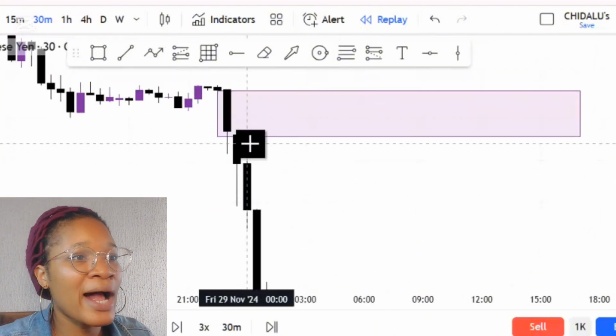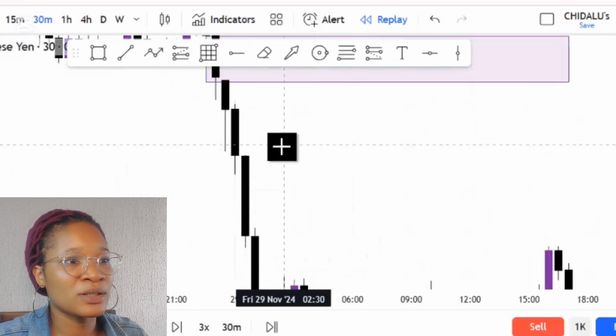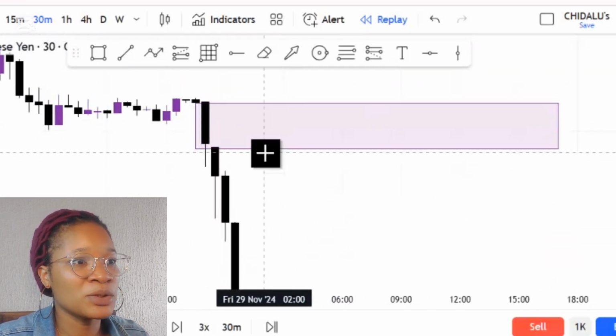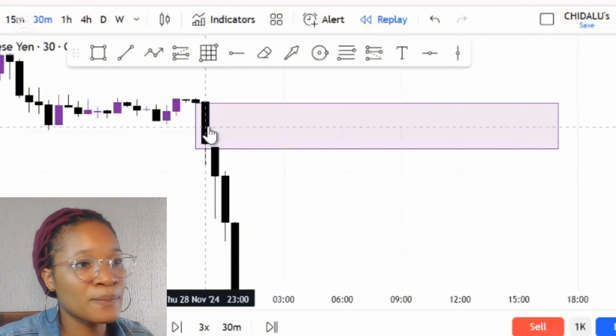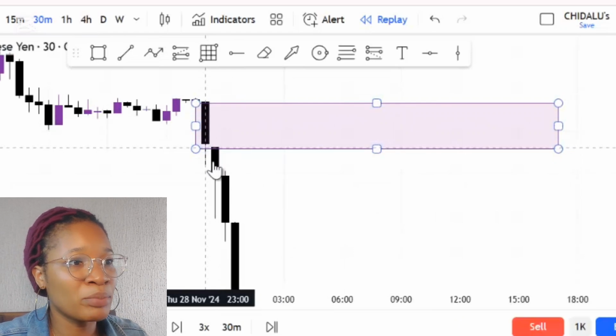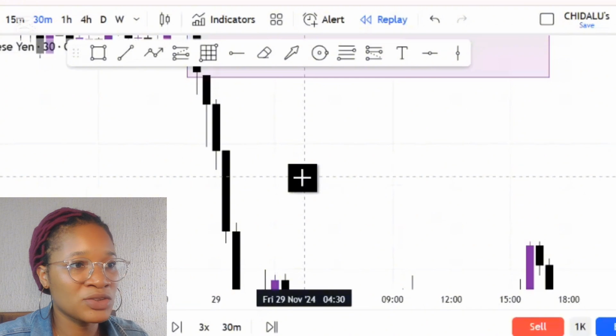Now I will tell you why I will be choosing this formation over this formation. You can see that in this fair value gap right here, the space covers both the body and some part of the wick. That's not what I'm interested in, right?